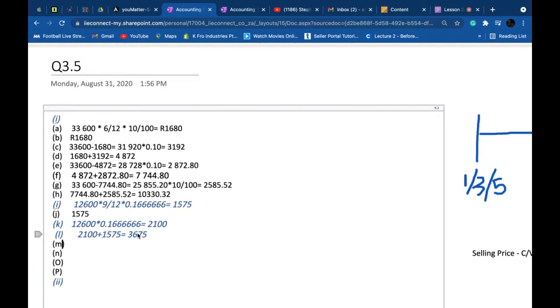M is going to be the same as K, right? Are we together? Since it's on the straight line method. Okay, and O is going to be the same as well.